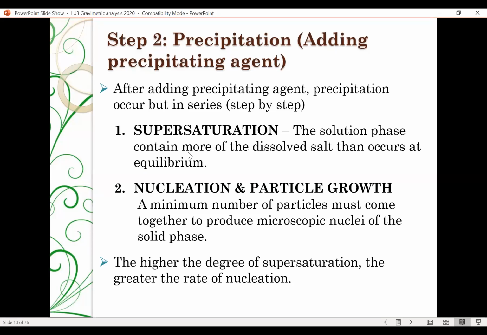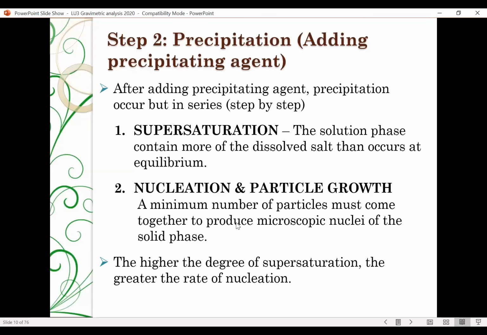Okay. Now we are going to deal with two important terms. One, supersaturation. Second, nucleation and particle growth. So supersaturation is the condition where the solution phase contains more of the dissolved salts than occur at equilibrium. We will look on the explanation after this.